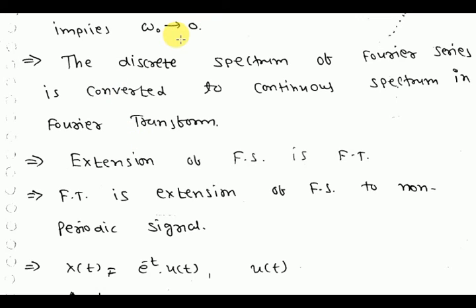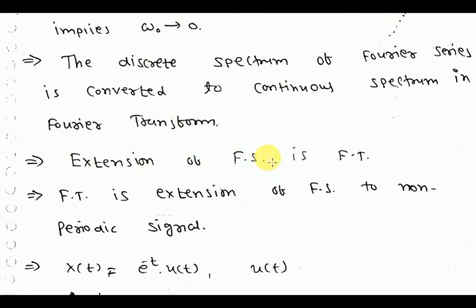Why? Because for an aperiodic signal, T becomes infinity, so omega naught becomes 0. Omega naught becomes 0 means all discrete samples in the spectrum come at closer points. That's why the spectrum becomes continuous in the Fourier transform.